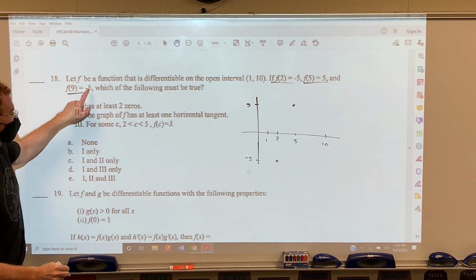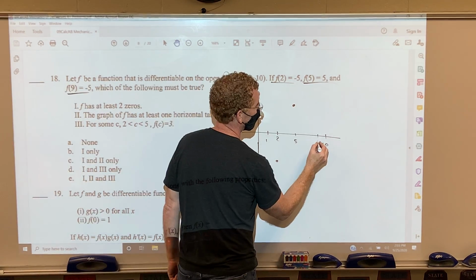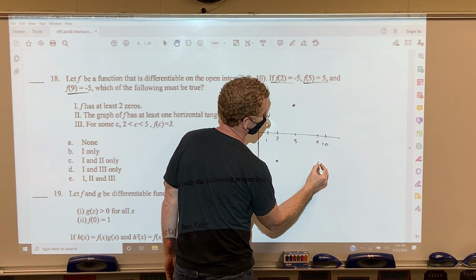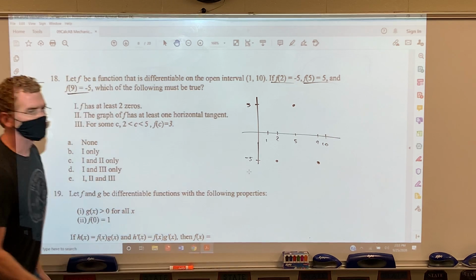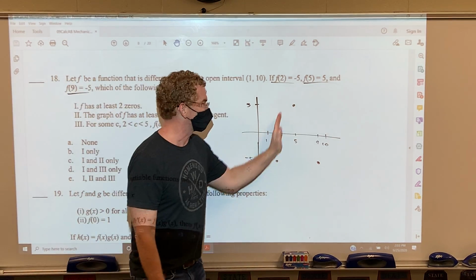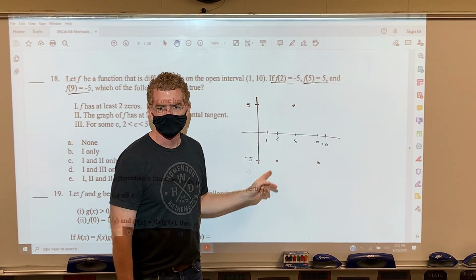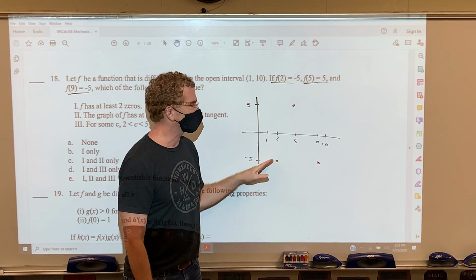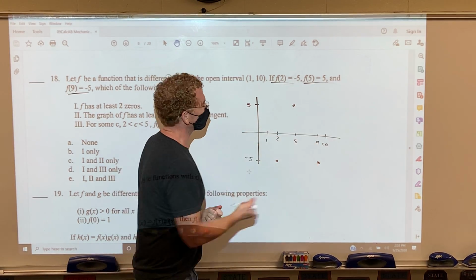And then f of 9 is back down at -5. This is all I know about the function and the fact that it's continuous. Now, if it's continuous, can you assume its behavior here? Yeah, it curves. So you think it's doing this? Okay, why isn't it doing this?